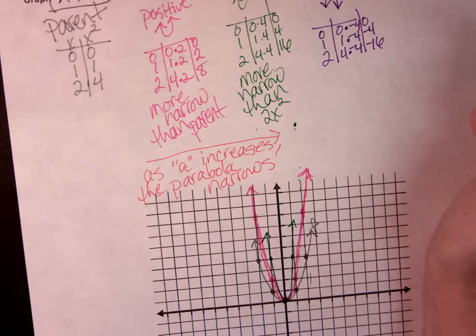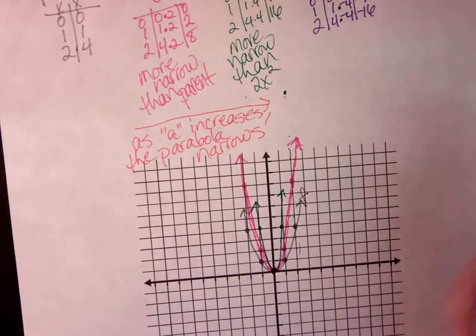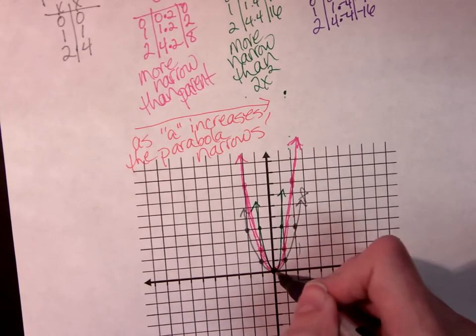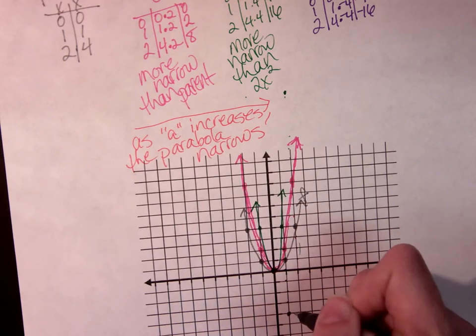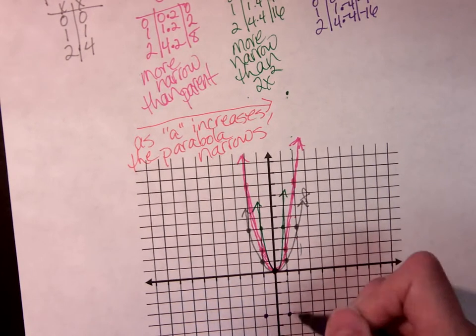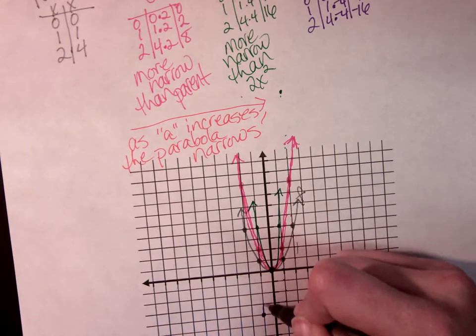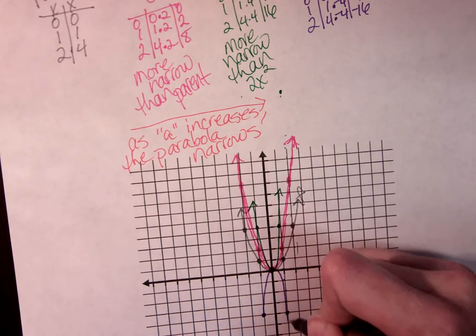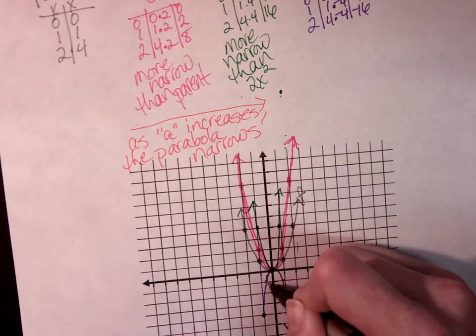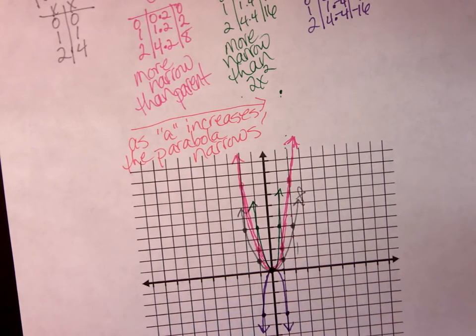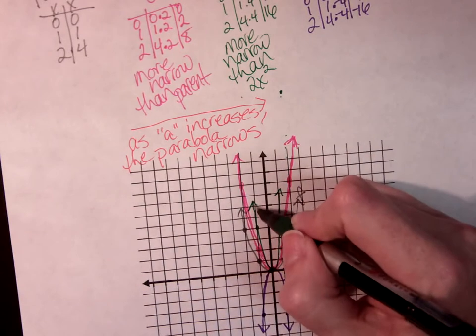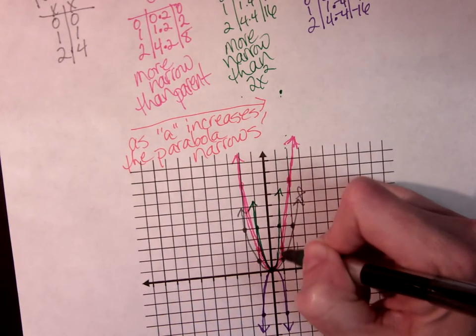So when I plot those, at 0, now we're going over 1, but we're going down 4. And reflect that across. And I already know the 16 is not going to fit. So when I draw it, it's the same width, right? It's moving in the same way as our other one that had a 4.